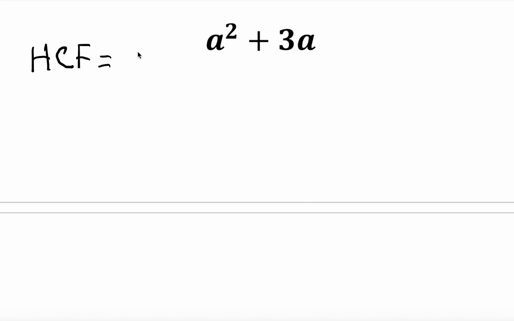So the highest common factor has got to be a. So we're going to put a outside the brackets. So what's going to go inside the brackets? So let's just work that out again. So a squared divided by a gives you a.